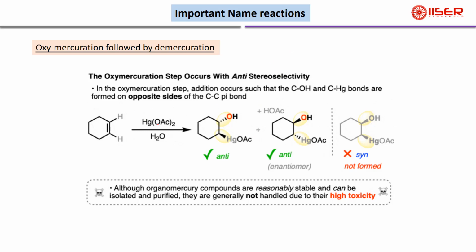In this case, if you add mercuric acetate, it undergoes an addition along this double bond, and in the second step, if you add NaBH4, the carbon-mercury bond is replaced with a hydrogen atom. This is replaced with a hydrogen atom.